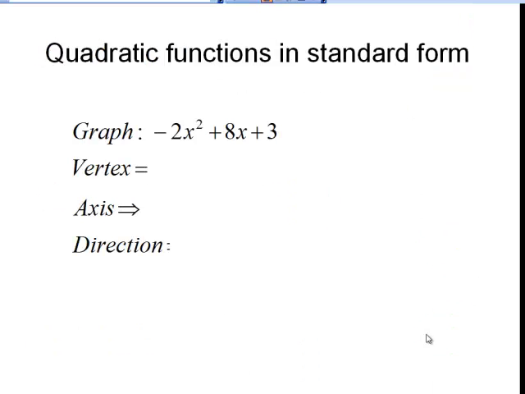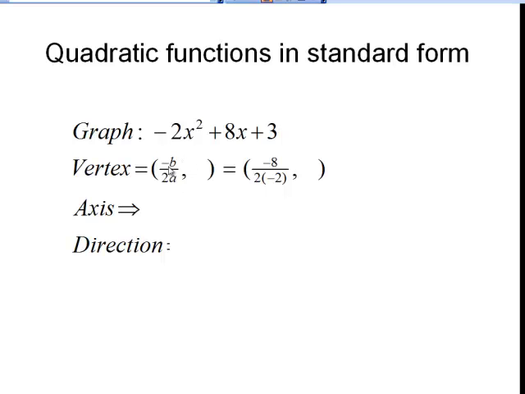Now, the next thing we need to look at is quadratic functions if they're not already factored for you, so you can't just find the left-right information. Now, to do these, b is the middle term, a is the front term, and c is the last one. That's your ABCs from the quadratic formula. The vertex is going to be negative b divided by 2a, or negative 8 divided by 2 times negative 2.